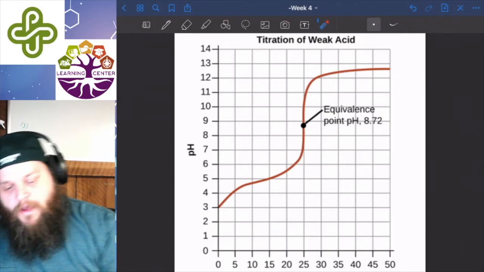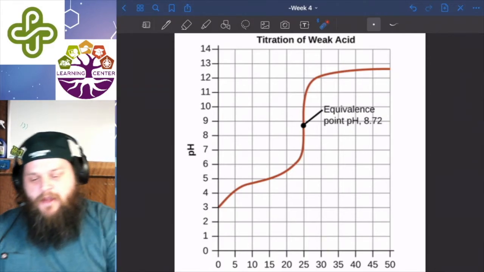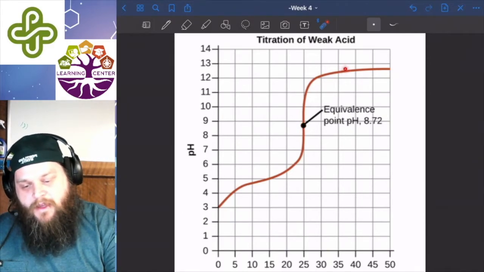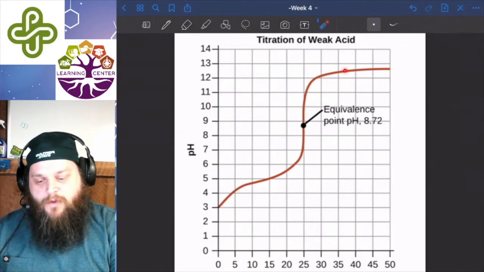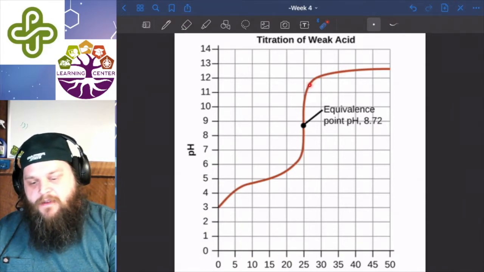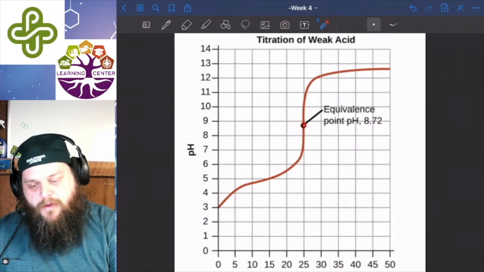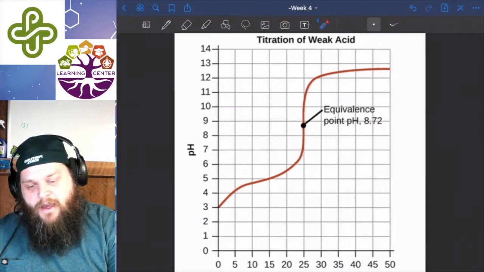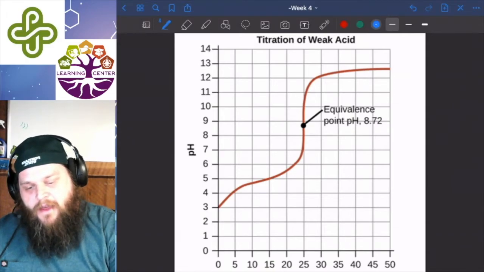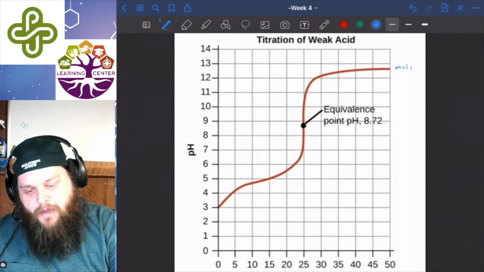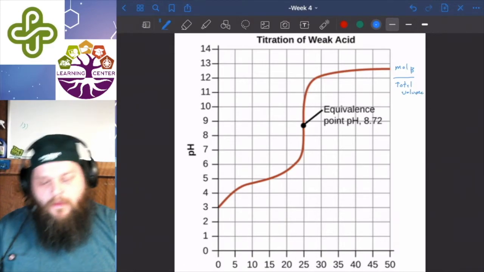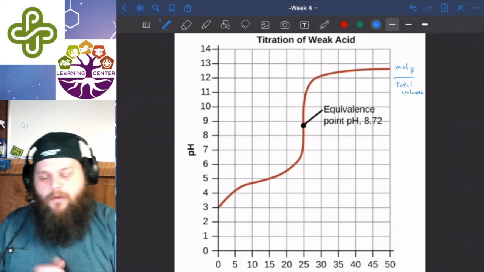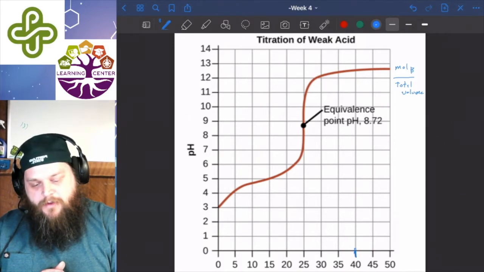So if we added X amount of base to it at this point, everything here we can say is the total moles we've added from the beginning minus X, whatever this was to get us to this point here. So any excess that we add, we can then just calculate based off the moles of the base divided by the total volume. And we can find that total volume by taking our initial volume again, and then whatever the titrated volume would be.